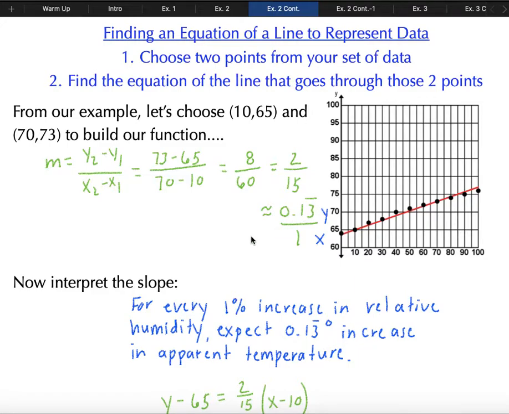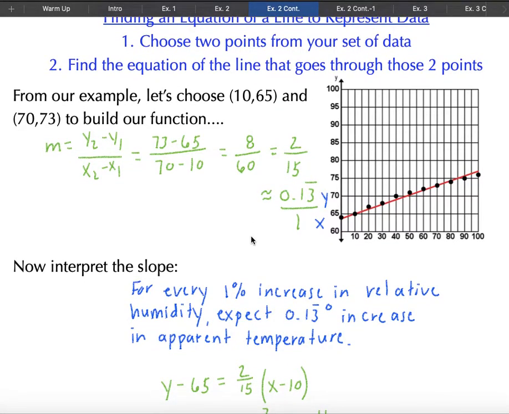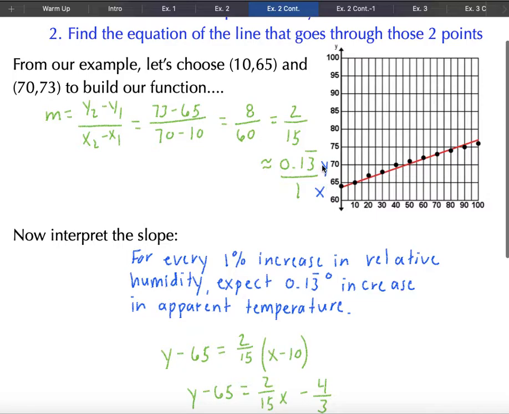I want to interpret what that slope means in the context of this situation, okay? And here's where I think the decimal approximation is very helpful. I'm thinking of the decimal approximation as 0.13 repeating over 1. Now we know slope is a measure of the change in the y values to the change in the x values. In this particular data set, your y values, well, what do they represent?